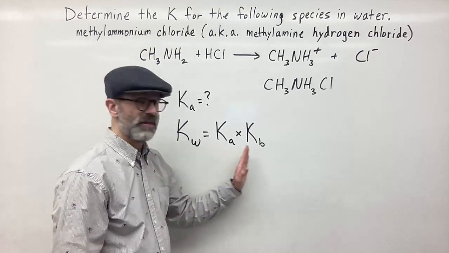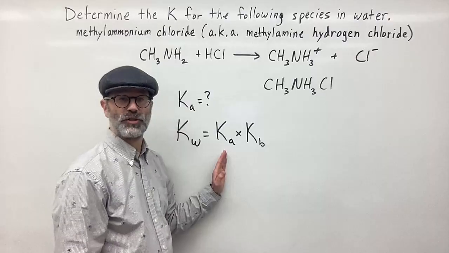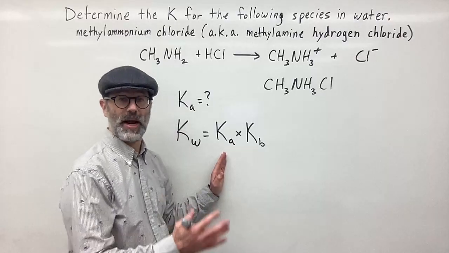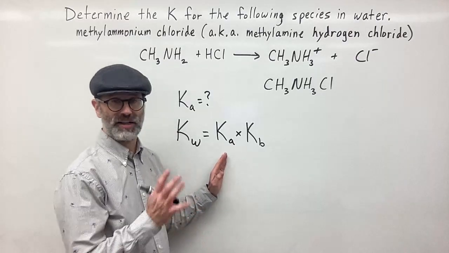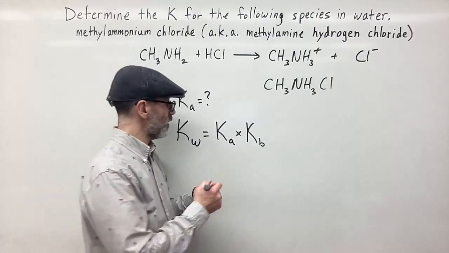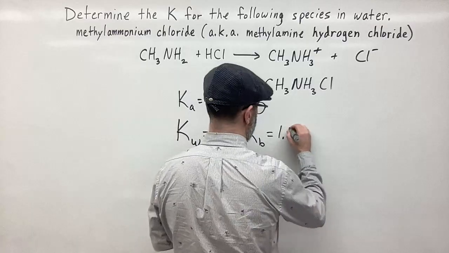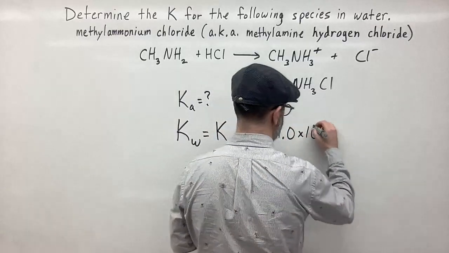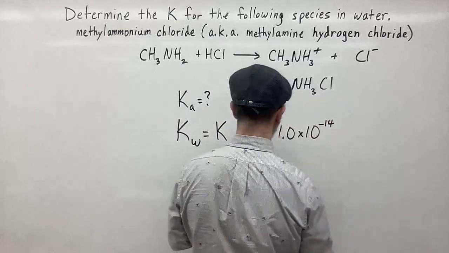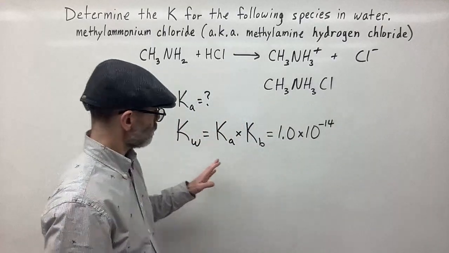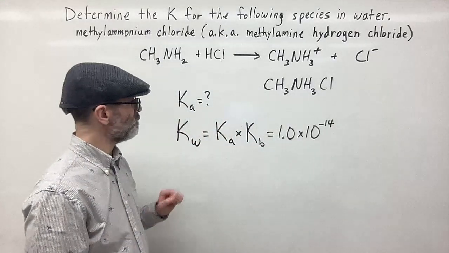So these are going to be the K values for conjugate acid-base pairs, not random acids and bases. And this is going to be equal to Kw, which is 1.0 times 10 to the negative 14. So we got that now.